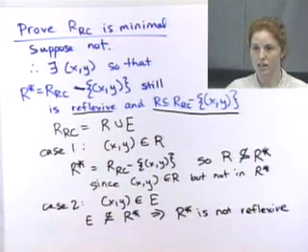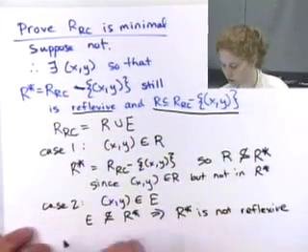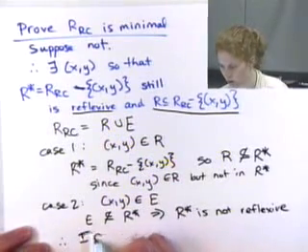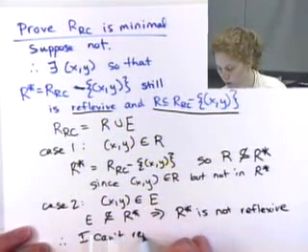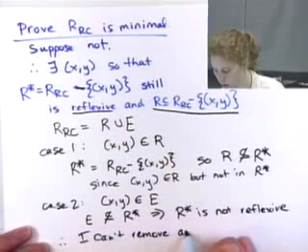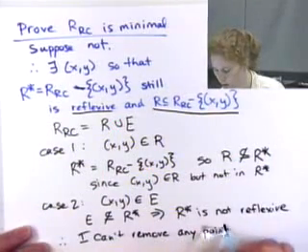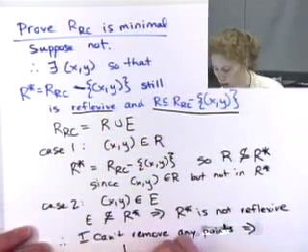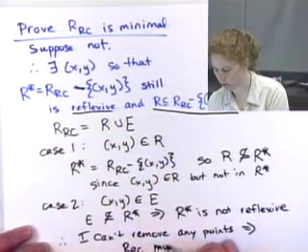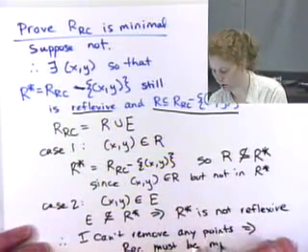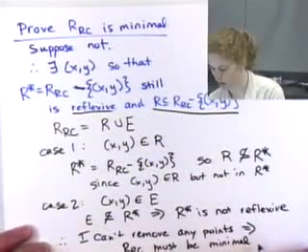So therefore, I can't remove any points, which implies that RRC must be minimal because we have a contradiction, right?